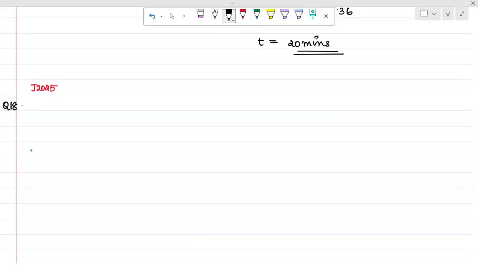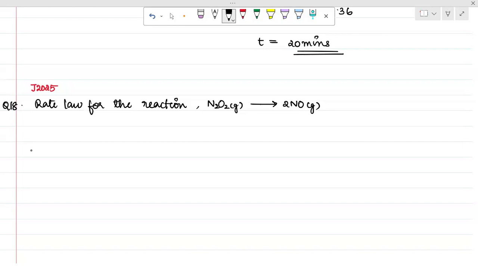The rate law for the reaction N2O2, which is in gaseous state, becoming 2NO in gaseous state, is first order with respect to N2O2.